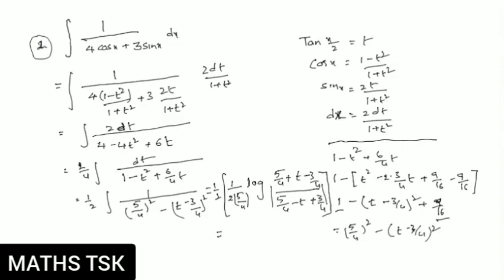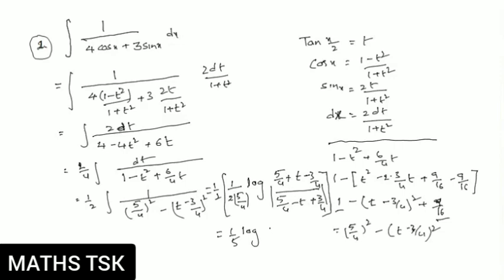So I can end here: 1 by 5 into, this 4 gets cancelled, 1 by 5 into logarithm of 5 minus 3 by 4 is 2 by 4. So t plus 2 by 4, plus t, here 8 by 4 minus t.